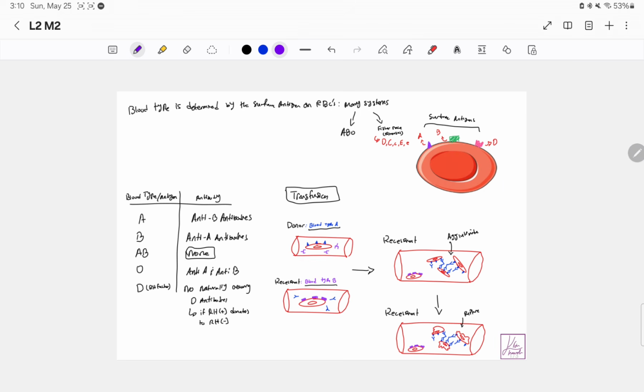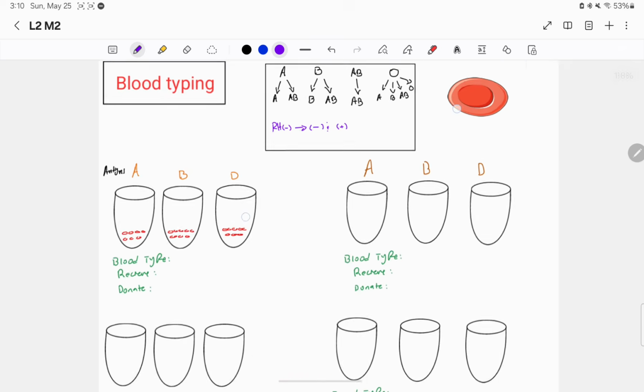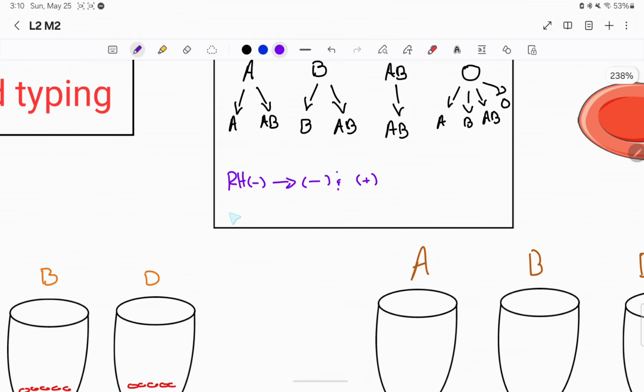The only time you shouldn't do that is if somebody is Rh positive, meaning they have the D antigen. They can only give it to somebody who's positive. They can't give to a negative. No go. And we talked about why.